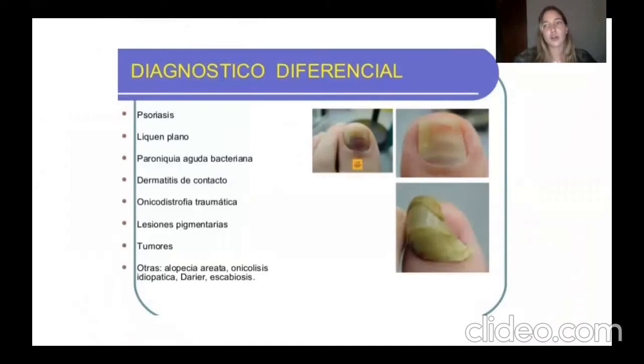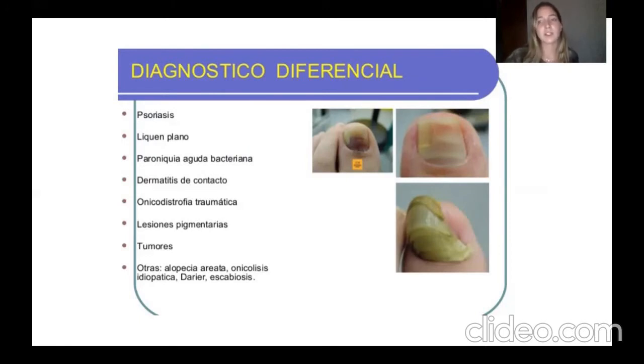In differential diagnosis, some conditions that could mimic onychomycosis are chronic paronychia, which is a chronic inflammation of the proximal paronychium, usually caused by Streptococcus or Staphylococcus, or Candida, found on smear and culture, and it's very common in children. Also, chronic dermatitis, which is a subungual dermatitis with hyperkeratosis, and the lichen planus, which usually also affects the fingernails.